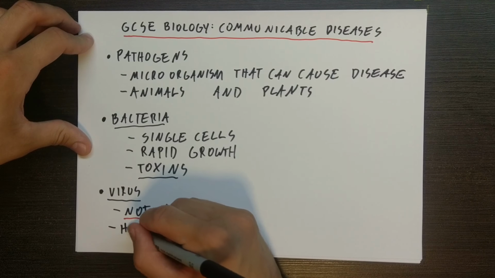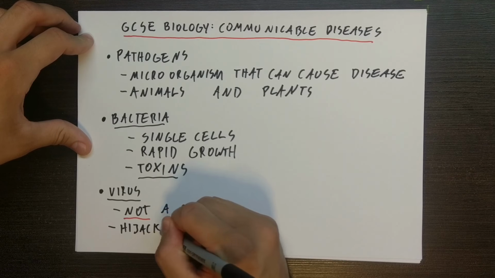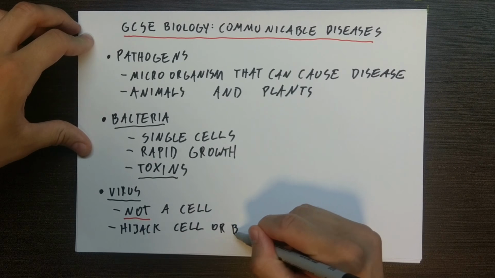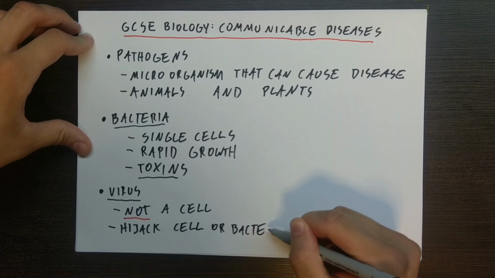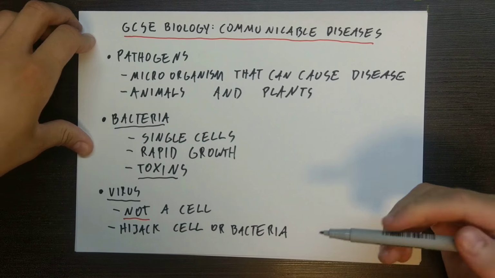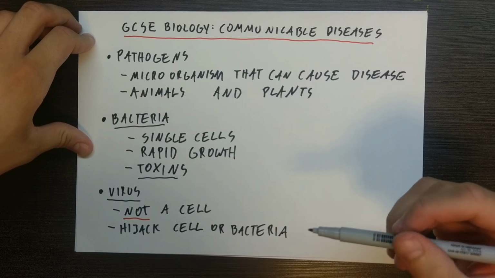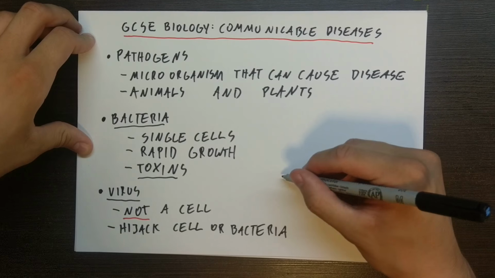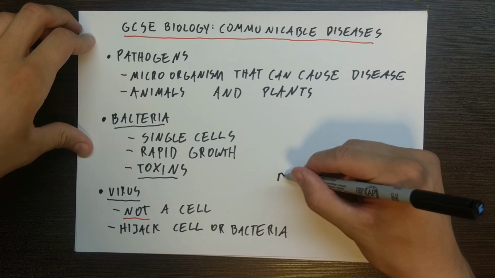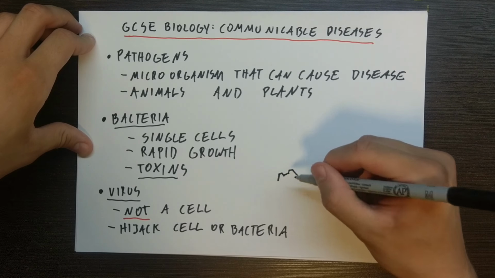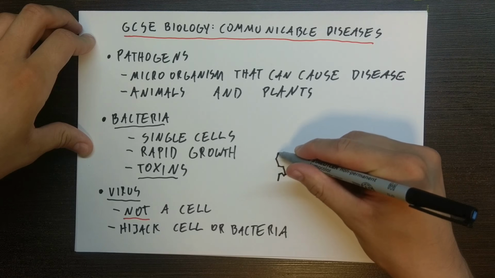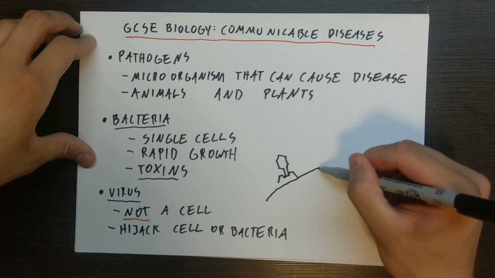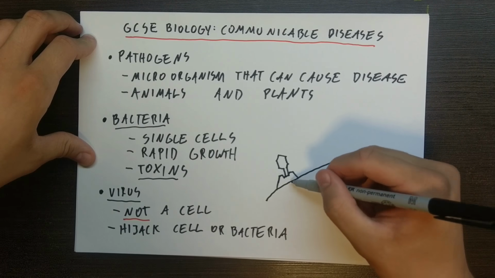So they can hijack a cell or bacteria. And they do this in such a way. So first we have a little virus here. They look something like this. And that virus attaches itself on a cell membrane.